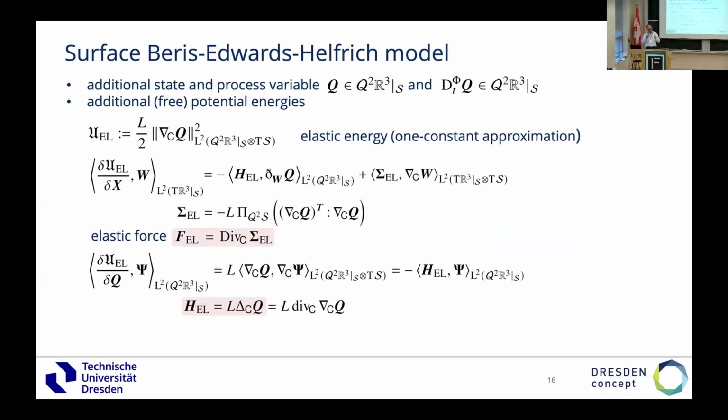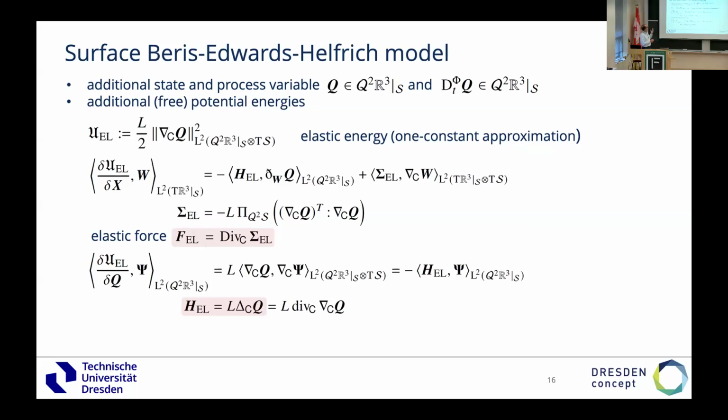Think about actin fibers or muscle fibers or something like that, and we model them by interpreting this as a liquid crystal in the surface, and describe this by a Landau-de Gennes type Q tensor field. A Q tensor field means it's a Q tensor which is traceless and symmetric. That's what this Q2 means. Again, it's in R3 but restricted to the surface.